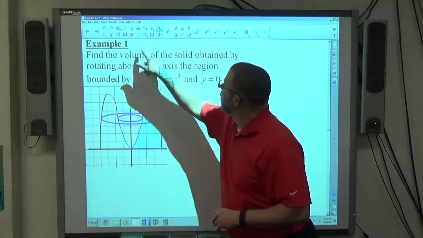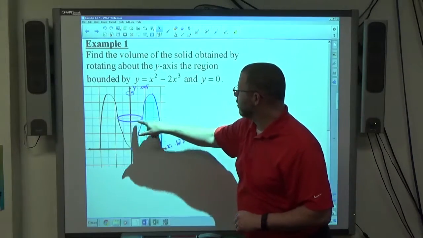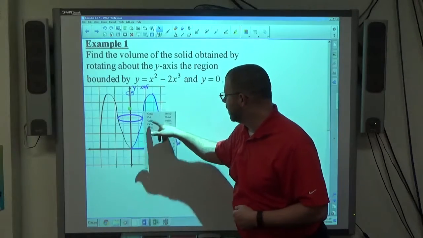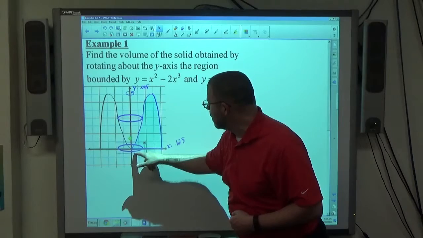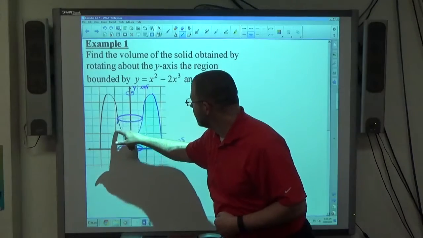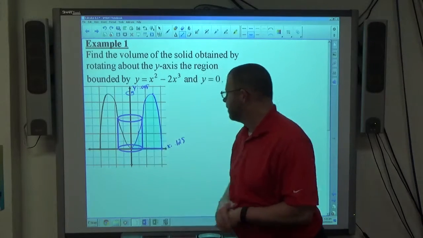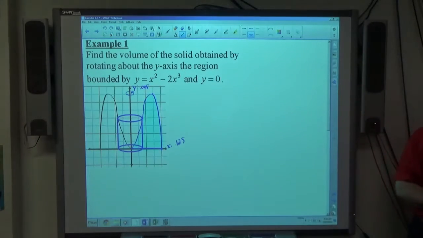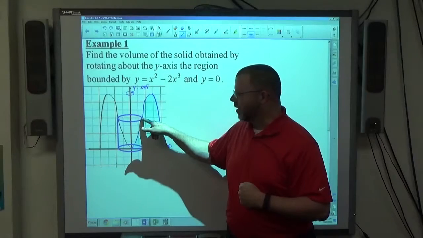So here's how the shell method works. Once we've established we're going to use the shell method, we're going to draw our cylinder. It doesn't matter where you draw it, but draw it within the figure somewhere so you can take a look at it. There's my shell. And just imagine the next shell is slightly bigger than that, and slightly higher. The height changes.